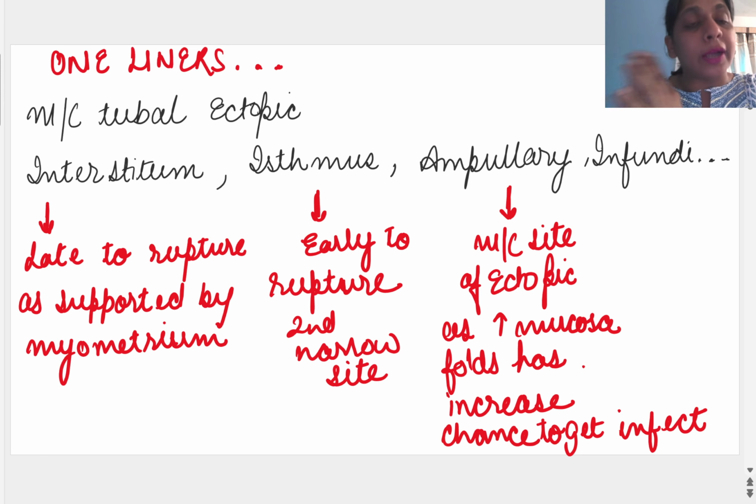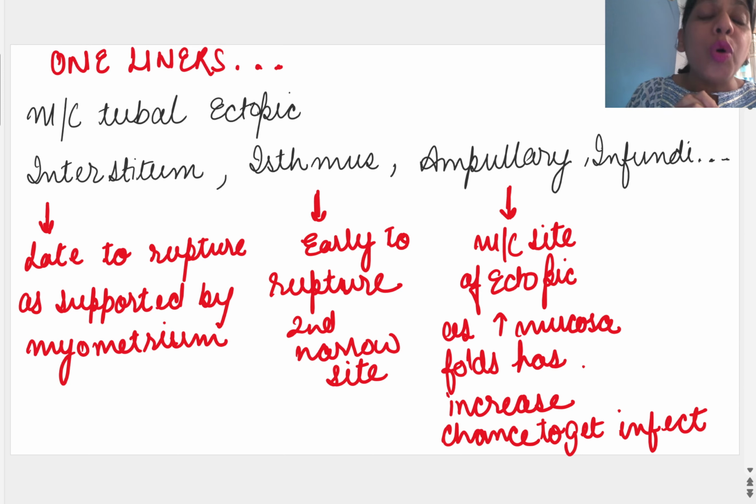The first narrowest part is interstitium, but interstitial pregnancy ruptures very late because it is supported by myometrium. Which pregnancy ruptures late? Interstitium. Okay, then isthmus pregnancy ruptures earliest because it is very narrow, so the tube gives up very easily and tears.